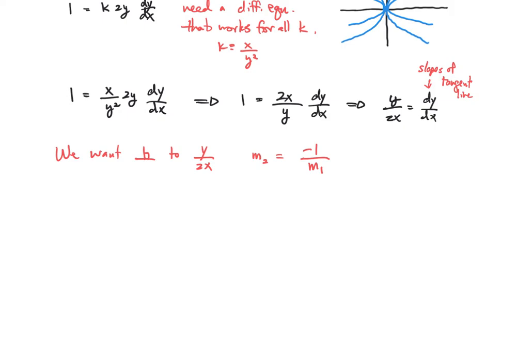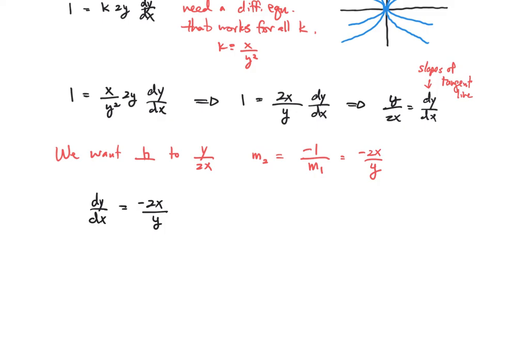In our case, that means this is going to equal negative 2x over y. So in the end, we end up with the following differential equation: we need to solve dy dx is equal to negative 2x over y. Solving this will give us our orthogonal trajectory. Great, so we have a separable differential equation.